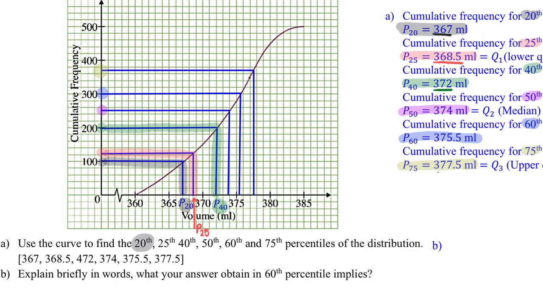And so I would have from here, then I will have to get this number, which in this case is 374. So this point here is my median or 50th percentile. So you can see all from the color coding, I hope it makes things a little bit easier for you all.